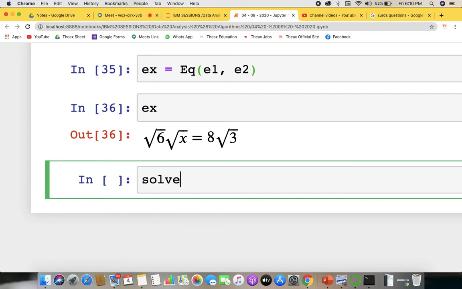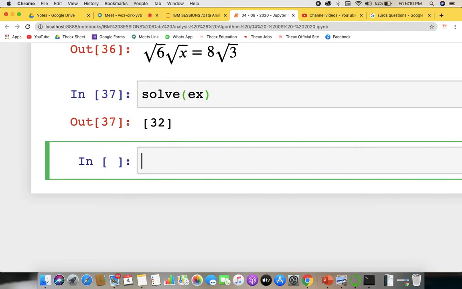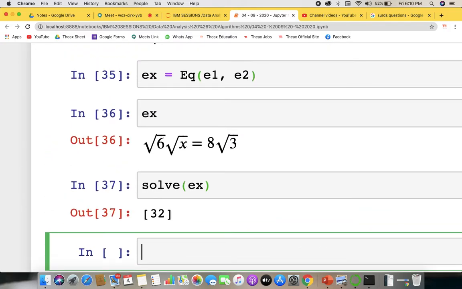So I'm just going to use the solve function of ex to get the answer, that is 32. It's the power of simplicity, right? So you write the equation, solve the equation. That's it. Okay. But it should be very clear that you are writing up the things, able to write up the equations carefully and correctly, right?